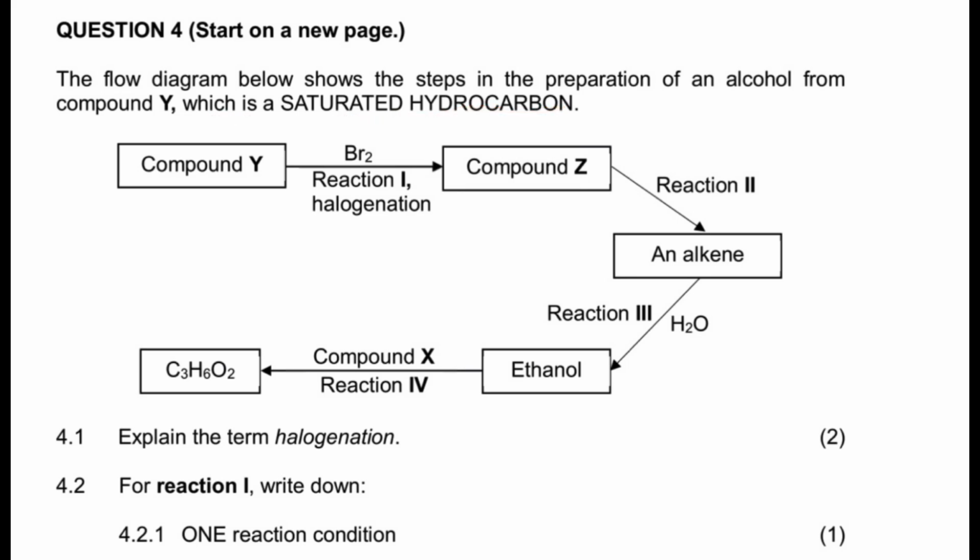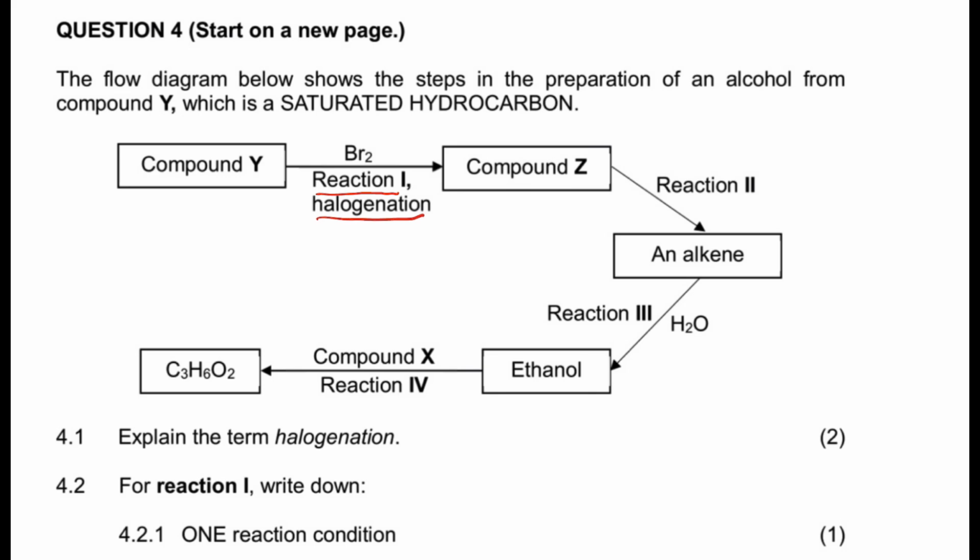Saturated means it's going to be an alkane, right? So reaction 1 is halogenation, so it's a substitution, a substitution of the halogen there, right?